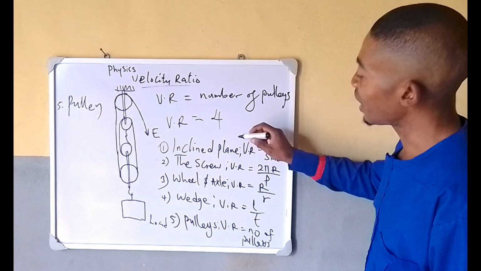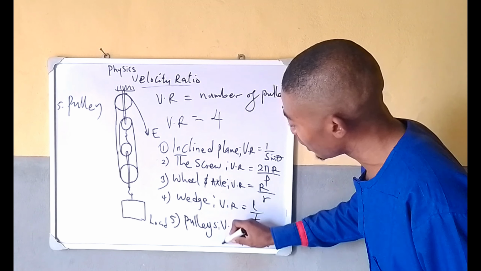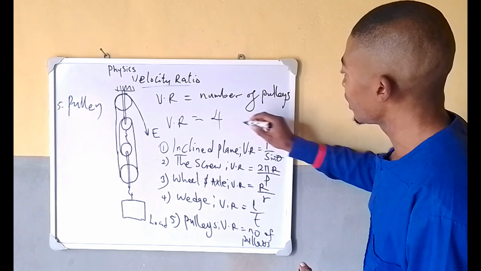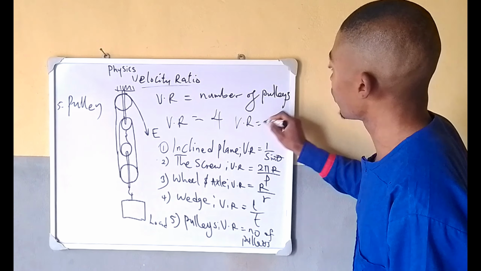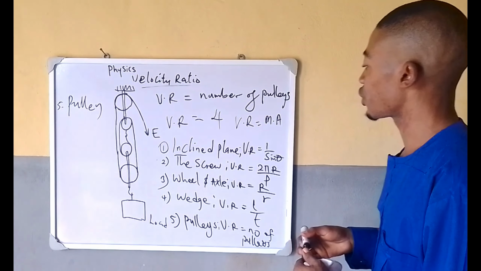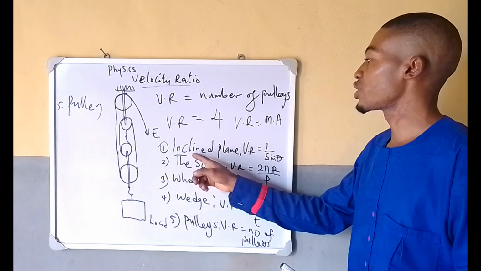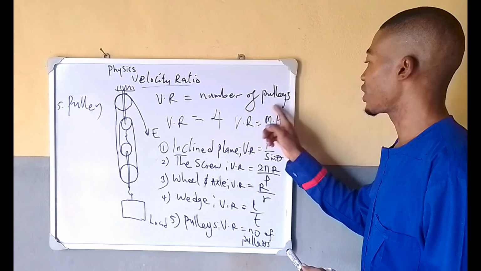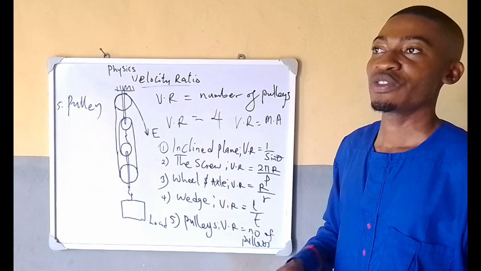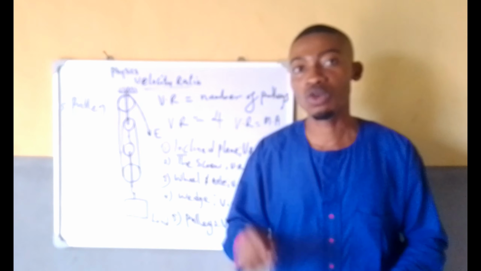So assuming that there is no friction in all the machines we have here, we could also establish that velocity ratio, that's what we said in the previous video, is equal to MA when there is no friction. In that case, if there's no friction in an inclined plane, mechanical advantage automatically becomes this, and so on and so forth.